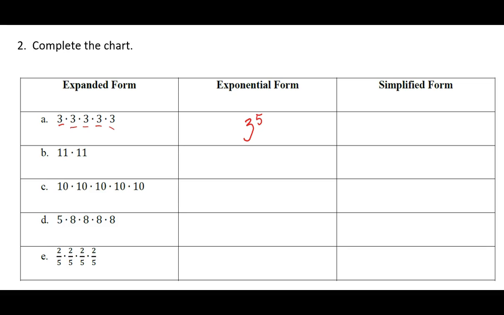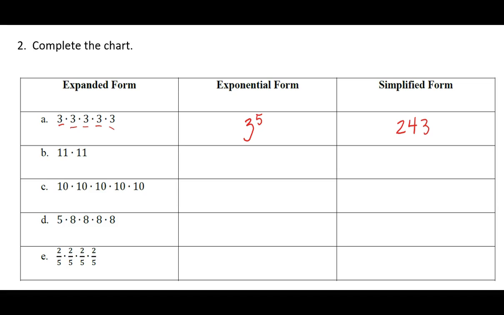Now, to find the simplified version, I need to multiply all of those 3's together. So I'll multiply 3 times 3, which is 9, times 3, which is 27, times another 3, which is 81, and times one more 3, which is 243. So that means the simplified version of 3 to the fifth power is 243.